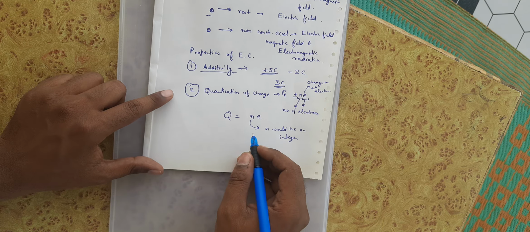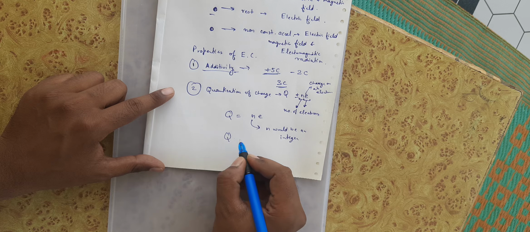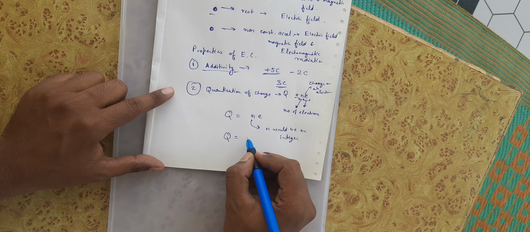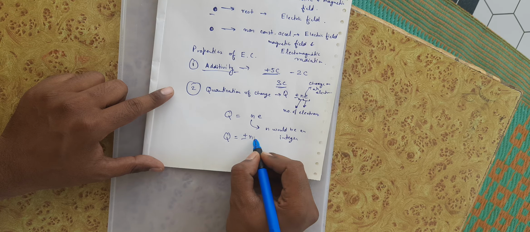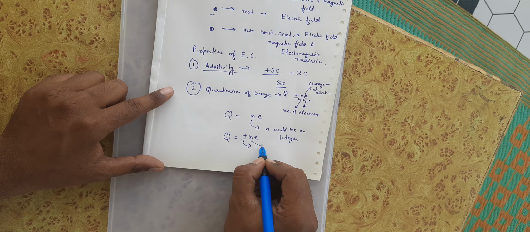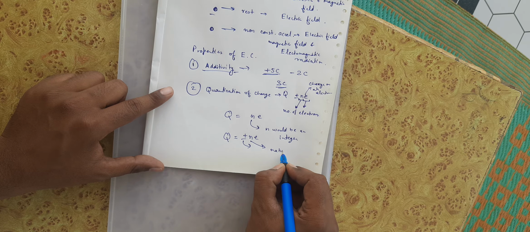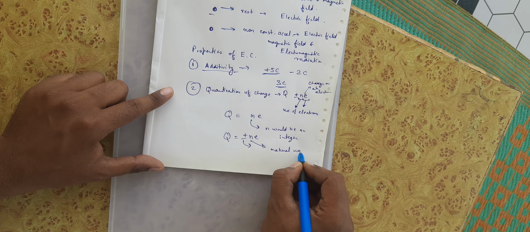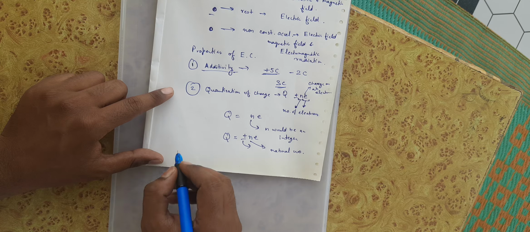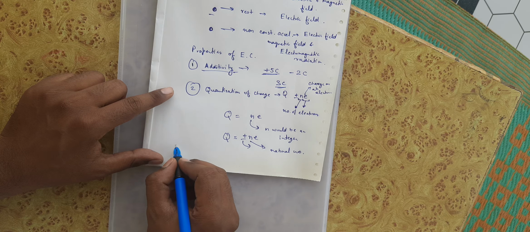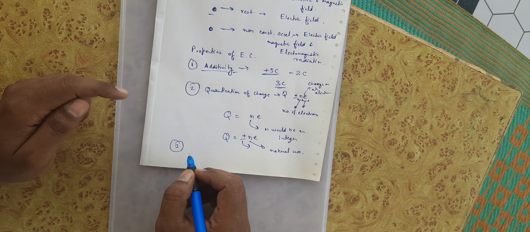But if you are watching somewhere it is written like this, plus minus ne, then here n is a natural number. Okay, this is a must-known fact.